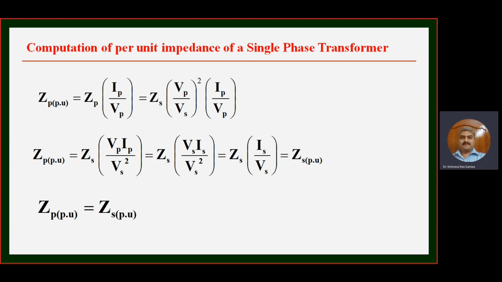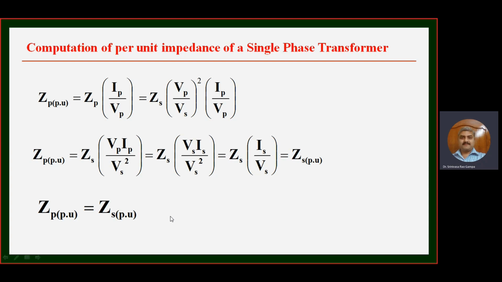So Zp per unit is equal to Zs into Vp into Ip by Vs square. Again, Vp into Ip is equal to Vs into Is. So it can be written as Zs into Vs into Is by Vs square, which is equal to Zs into Is by Vs, that is equal to Zs per unit. So finally we can prove that Zp per unit is equal to Zs per unit.